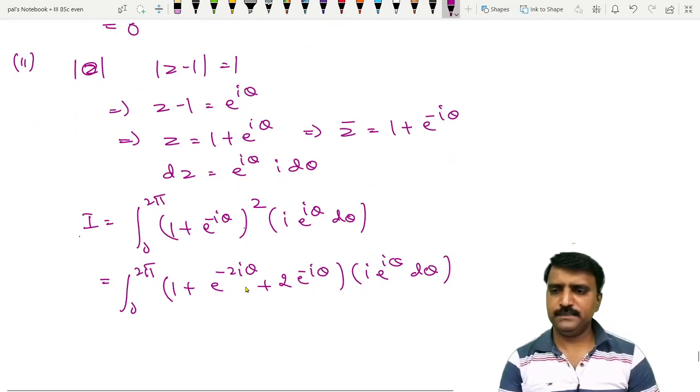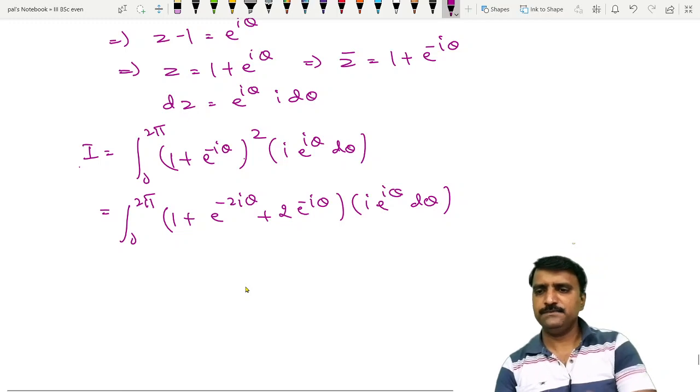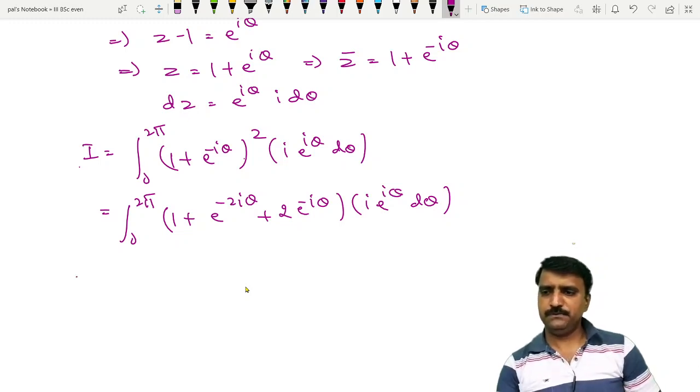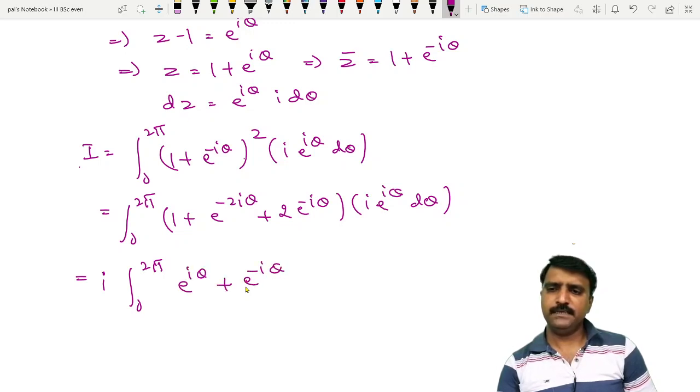Simplifying this, it gives I into integration from 0 to 2 pi. Multiply this with e power i theta: it is e power i theta plus e power minus i theta, plus 2 into e power minus i theta into e power plus i theta, which is 1, into d theta.